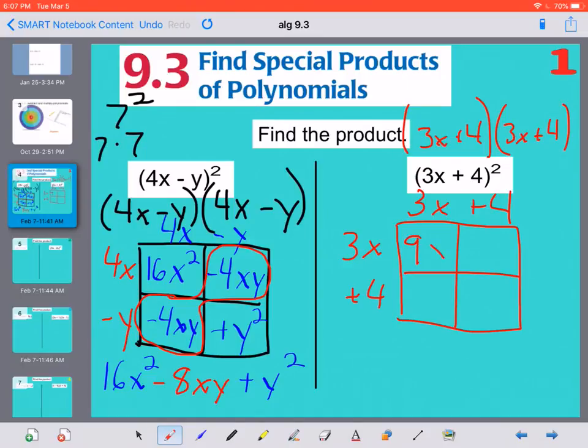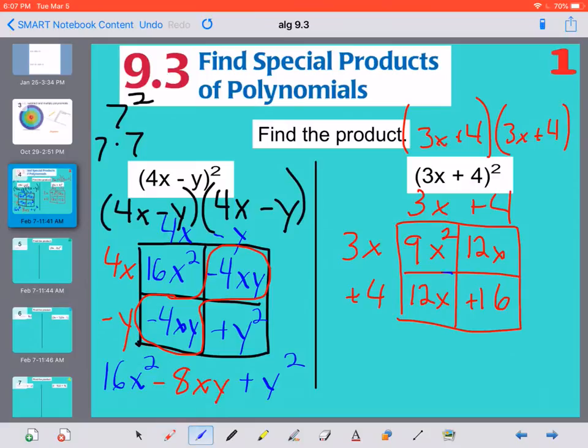X times x is x squared. 3x times 4, that's 12x. 3x times 4 again, 12x. And 4 times 4 is going to give us a positive 16.